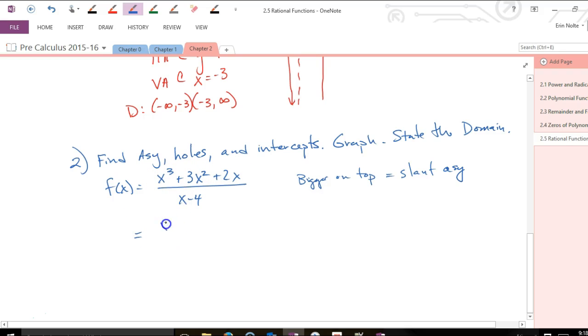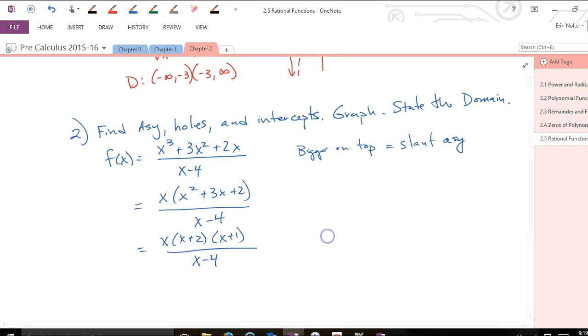I can pull an x out of each of the terms, so I get x squared plus 3x plus 2. And then I can even go further with that quantity that's in the parentheses and use the easy method. So two numbers that multiply to 2 and add to 3 would be 2 and 1. So I have x plus 2 and x plus 1.